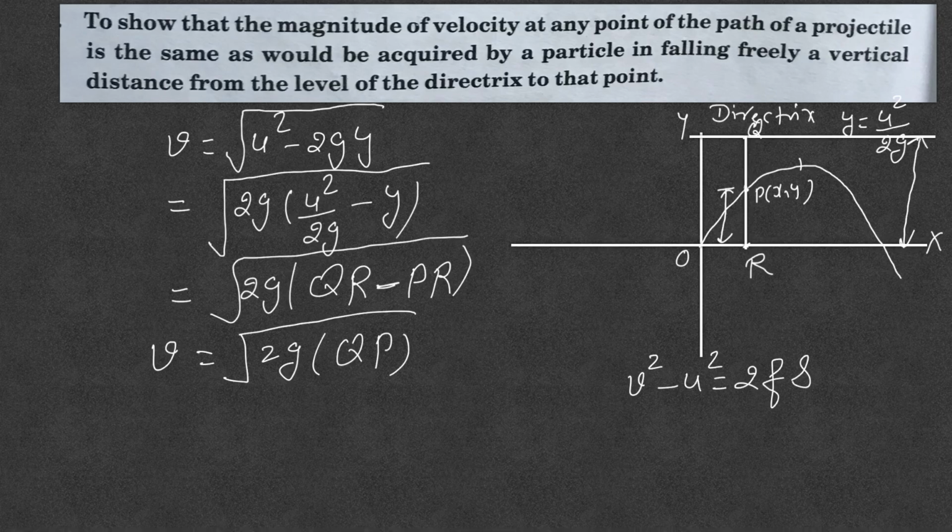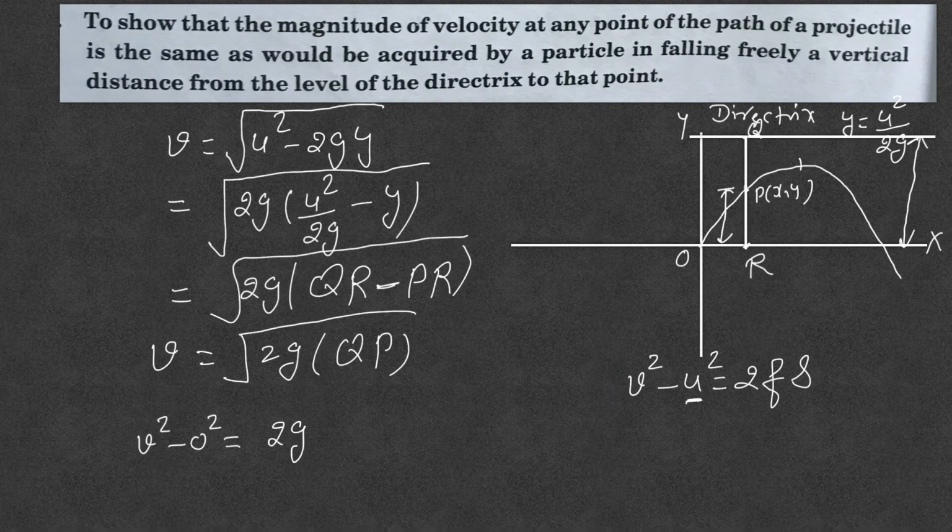Now look here, the initial velocity is 0. So this will be v square minus 0 square, and since it is falling in the downward direction, in the direction of the force of gravity, g will be positive.